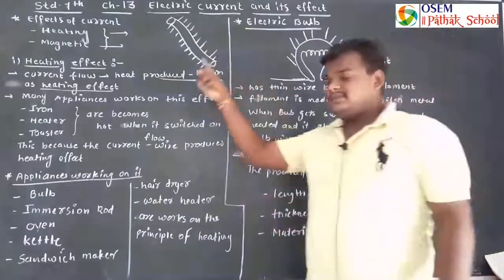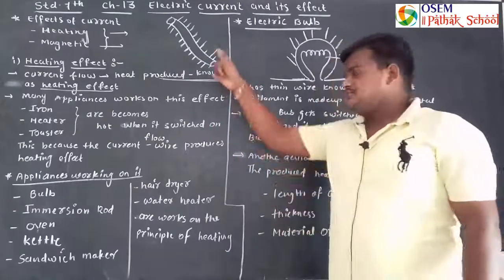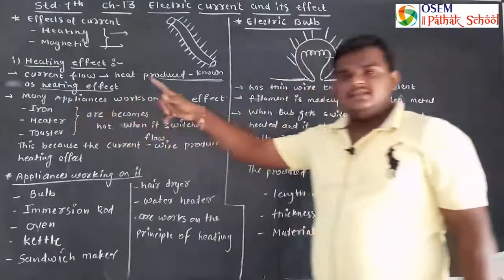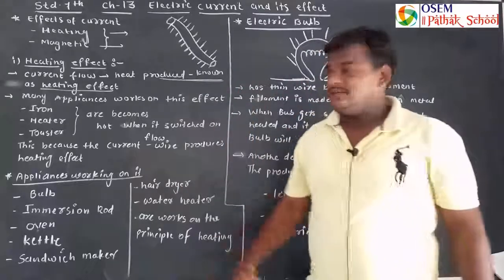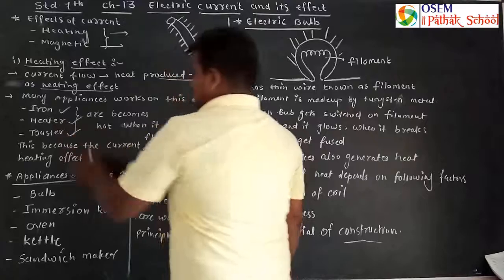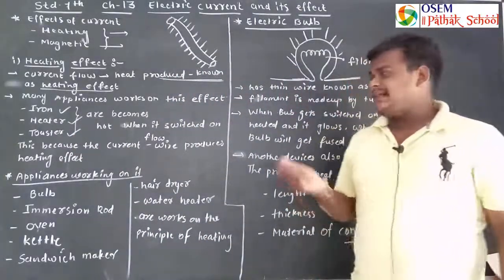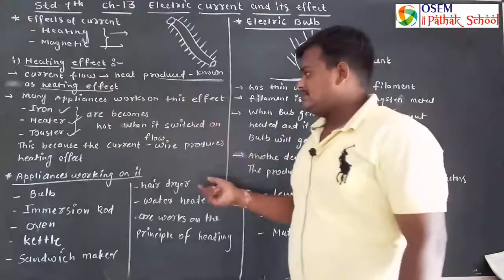So that heat is unwanted, we don't want it. But in such cases, it is useful. Many appliances work on the heating effect, like iron, heater, toaster. Iron, heater and toasters work on the heating effect of electric current.